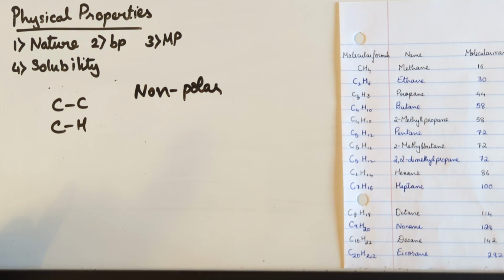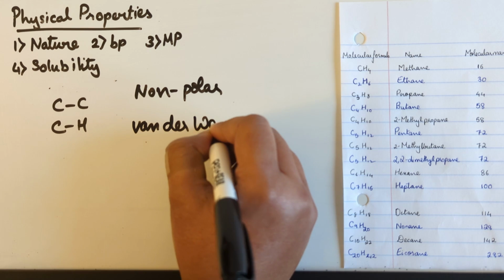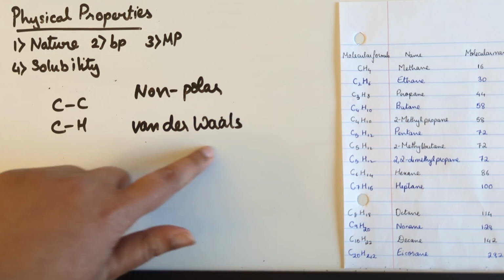That's the first thing. The second thing is, you would have learned about the various kinds of forces that hold molecules together. One of them is called van der Waals forces. This is very important.